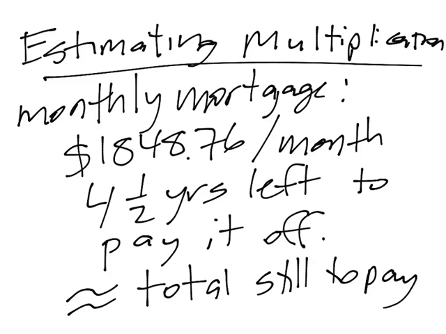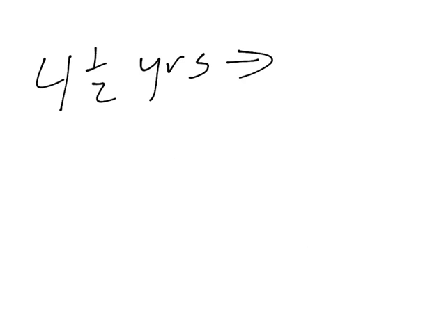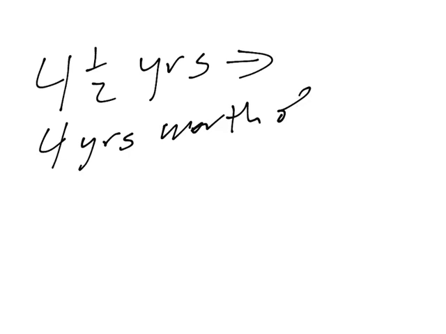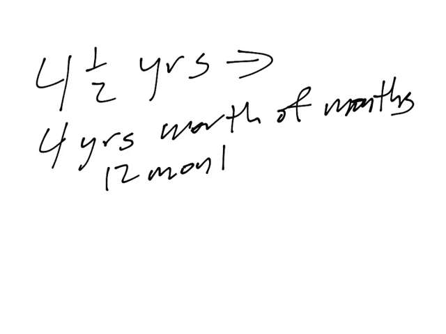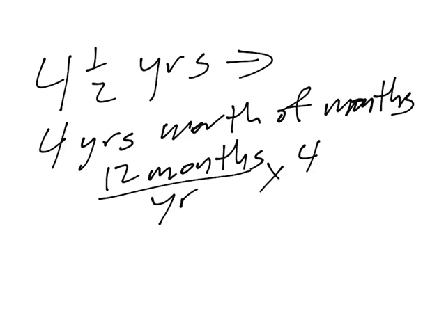So the first thing to realize is 4.5 years is going to be 4 years' worth of months. There's 12 months per year, and you're going to have that 4 times.